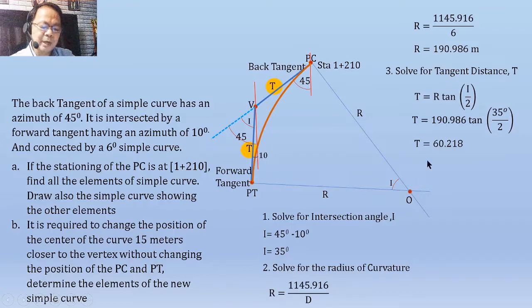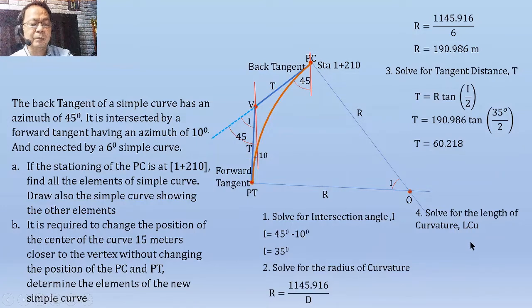Now, after we have solved for the tangent distance, we can solve for the length of the curvature. The length of the curvature is shown in our illustration, representing this arc length. And how can we compute this arc length? This can be computed by the formula equal to 20 multiplied by I divided by the degree of the curvature.